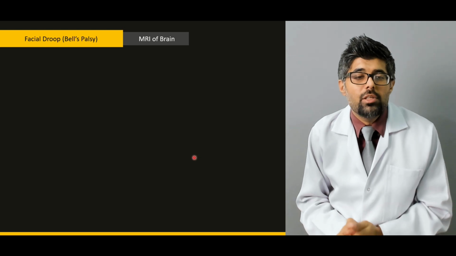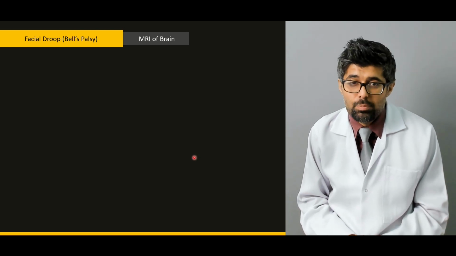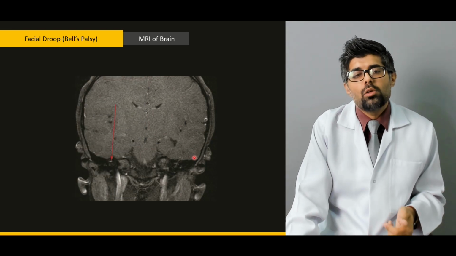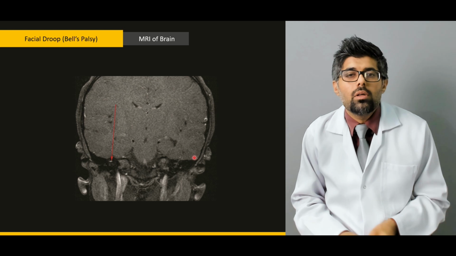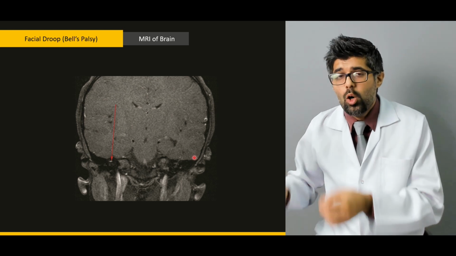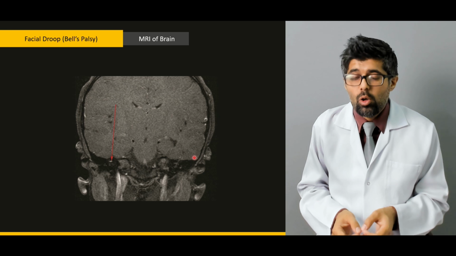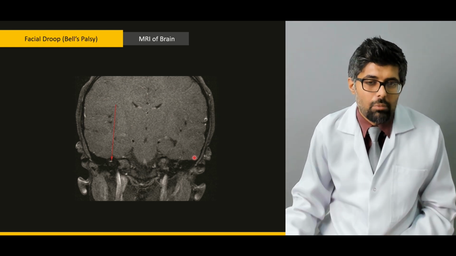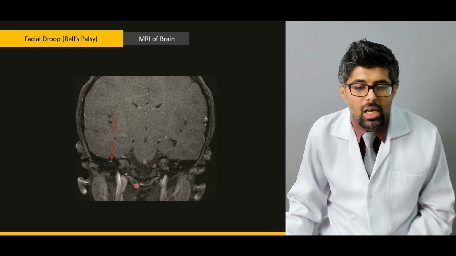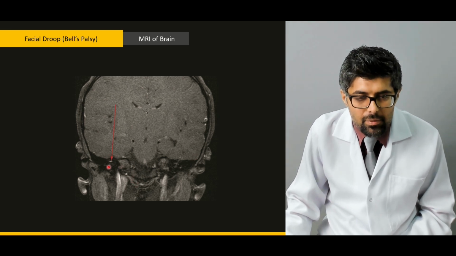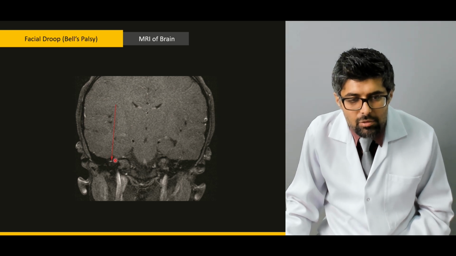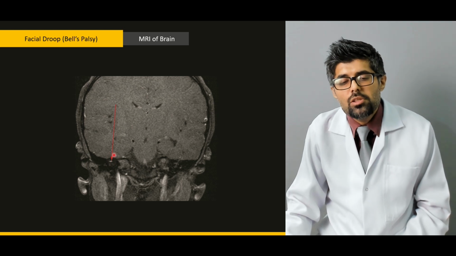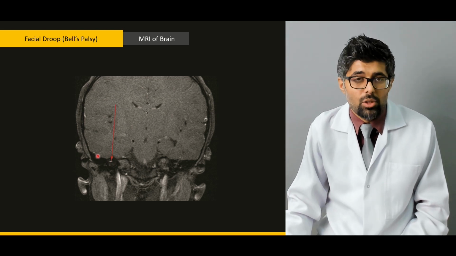Next topic, we have the facial droop or the Bell's palsy. Now, Bell's palsy is one of the most common afflictions of the cranial nerves. It involves the facial nerve or the cranial nerve number 7. Here is an MRI scan of the brain. And as you can see here, that facial nerve is inflamed, and this inflammation of the facial nerve causes the Bell's palsy.